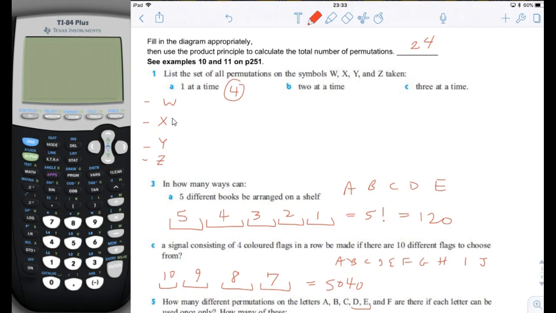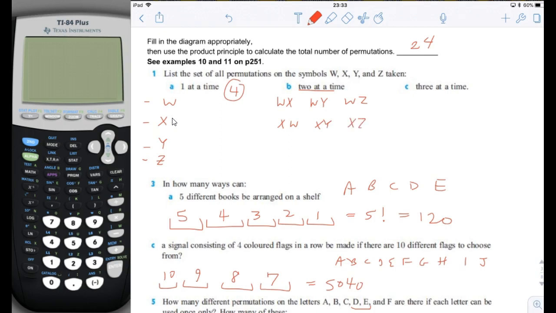Okay. What if you take 2 at a time? What are the possibilities then? Make sure you do this in an organized way. I have the WX possibility, the WY possibility, and the WZ possibility. So there are 3 starting with W. If I start with X, I would have the XW possibility, the XY possibility, and the XZ possibility.